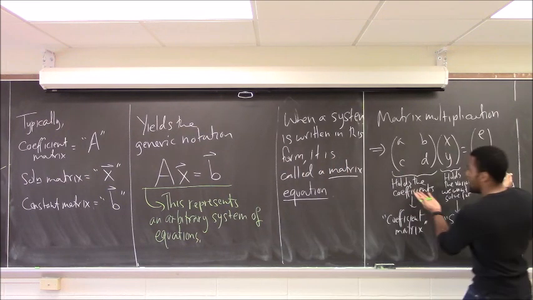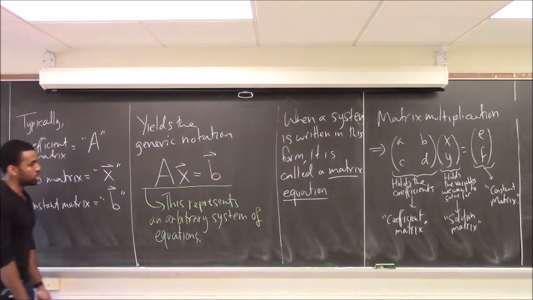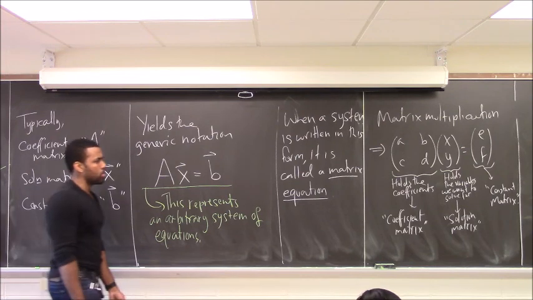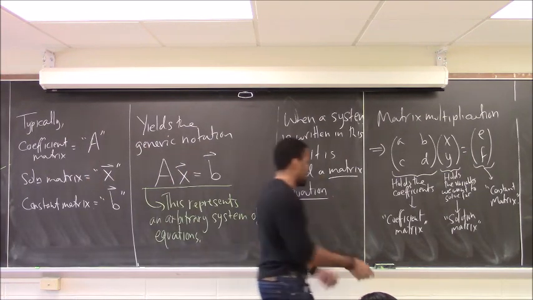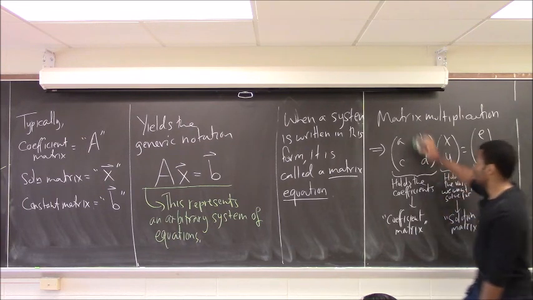So this, as generically represented by that, is called a matrix equation. Whenever you see them, they're very typically representing some system of equations. Same kind of guys you've seen in high school, and you probably know how to solve them.